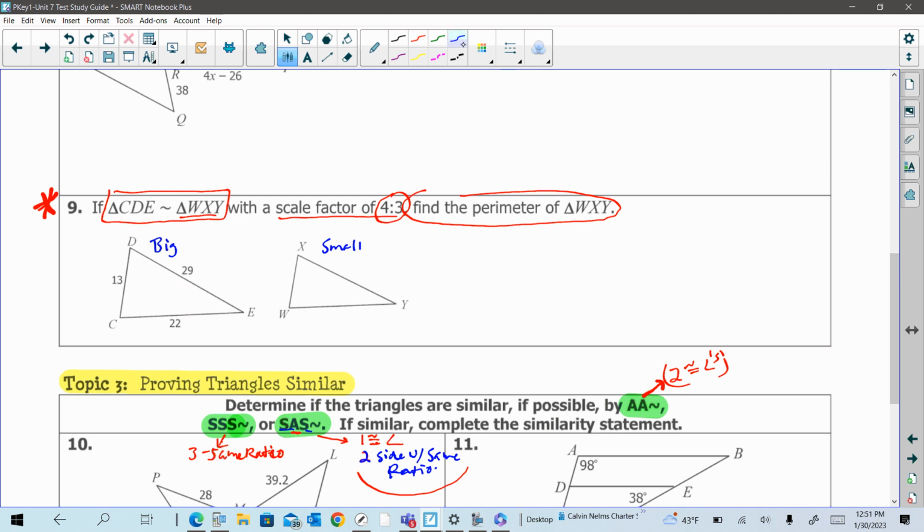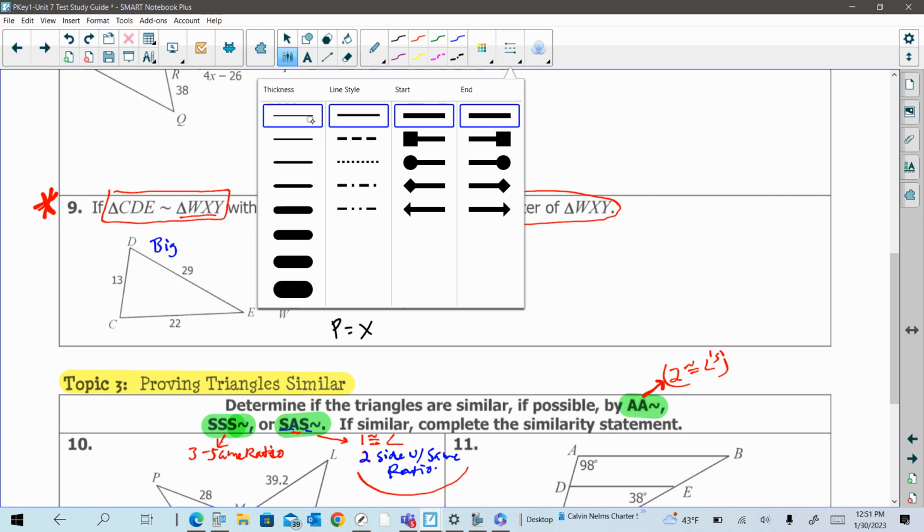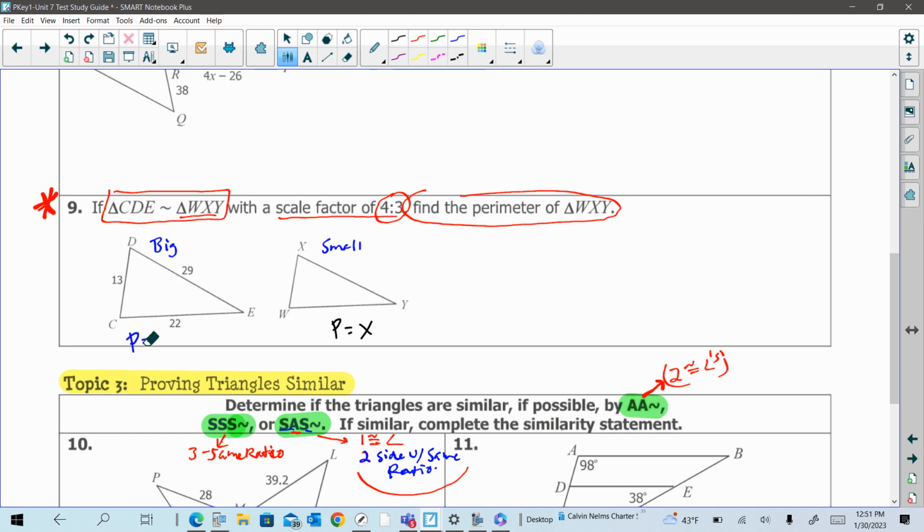So this small triangle is the one I don't have. I'm making that P equal x. It's the big triangle that I can find the perimeter of, because I can add up the 3 sides. 13 plus 29 plus 22 will give this a perimeter of 64.